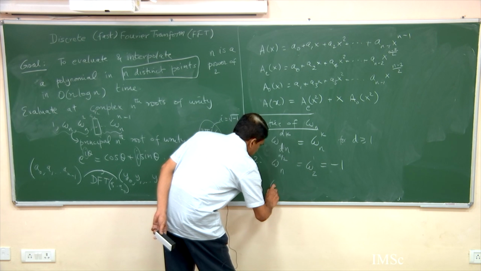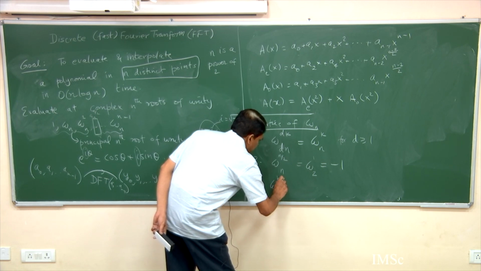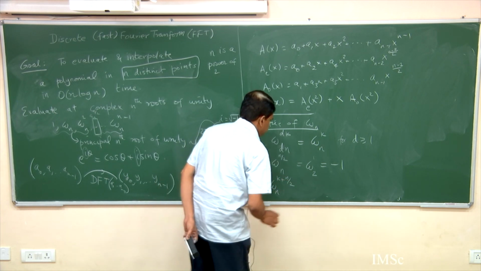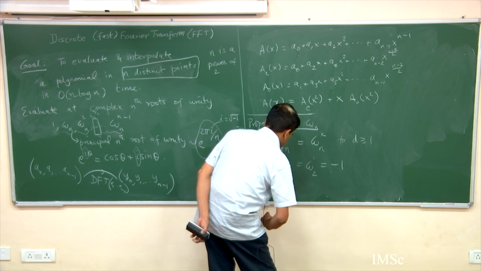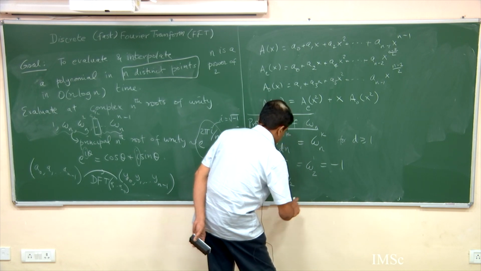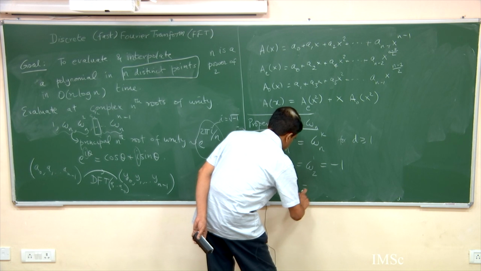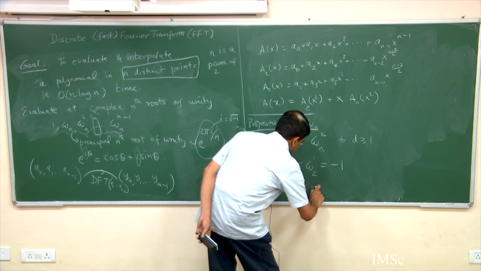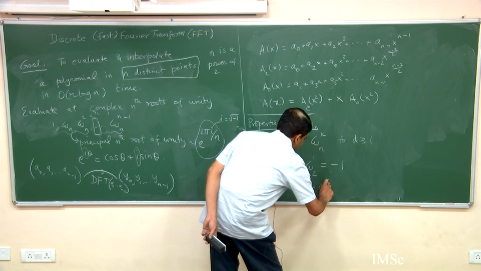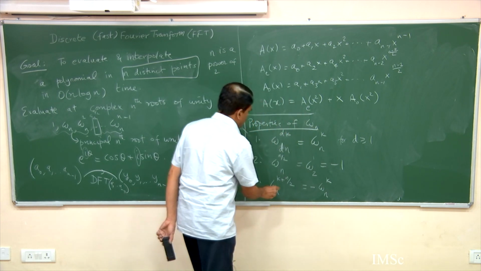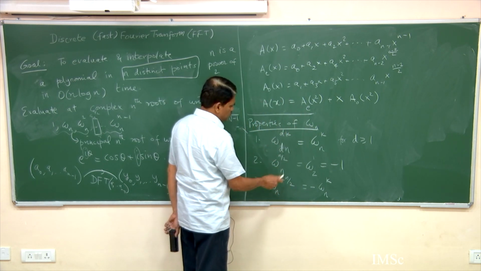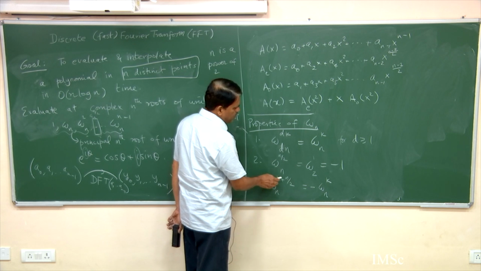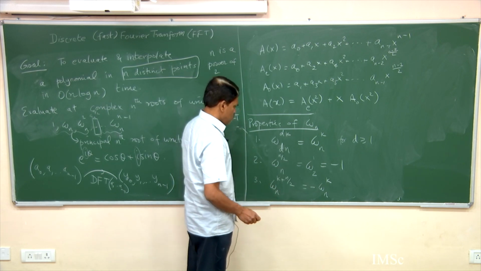Basically, what that means is omega n to the power k plus n by 2 is minus omega n to the power k, right? Because omega n to the power n by 2 is minus 1. So it's minus 1 into omega n to the power k, and that's what it is.